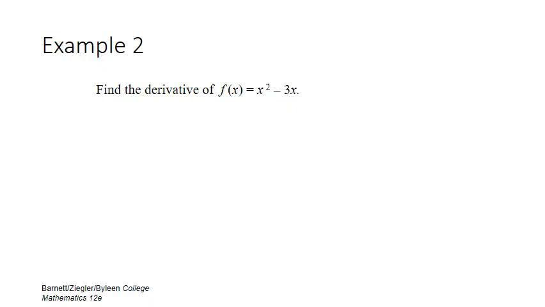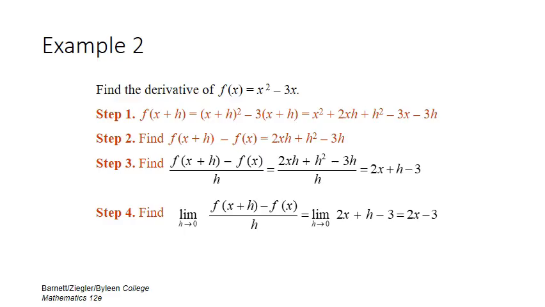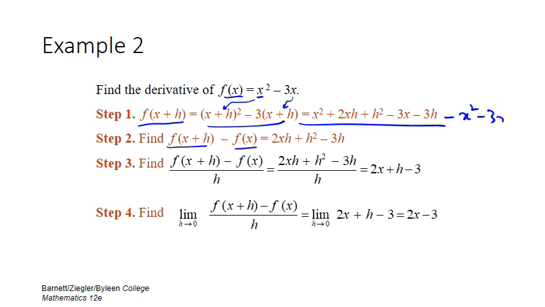For example, if you have this function, we write this f of x in f of x plus h form. Wherever we have x, we replace it with x plus h. We solve this, open the square, and we get this function. Then we take their difference, f of x plus h minus f of x. When we take the difference, it becomes this.